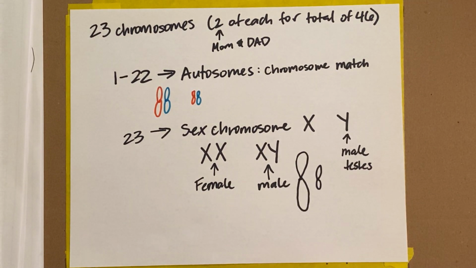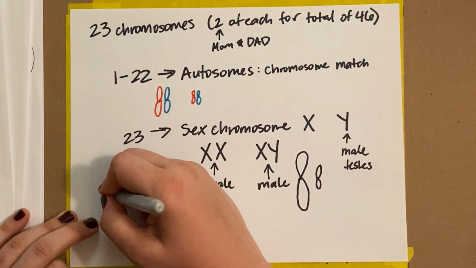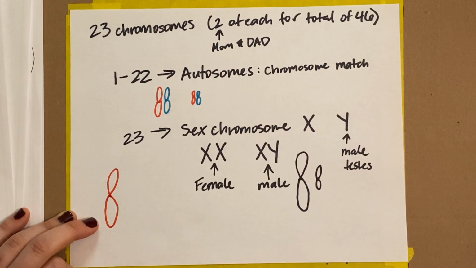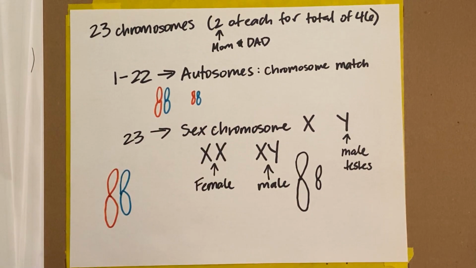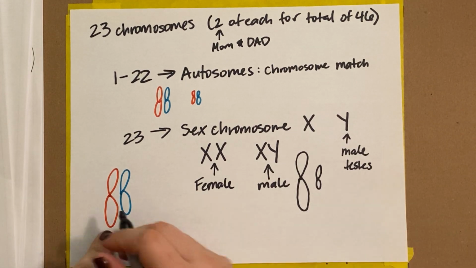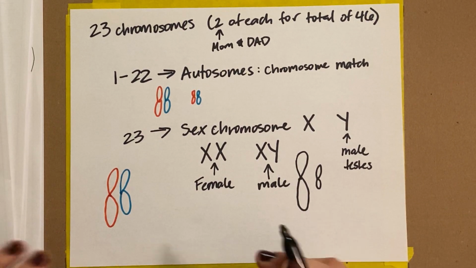We've mentioned this before, but I really want to make sure this is very clear. When you have the copies, one from mom, one from dad, they're the same. I know I drew them a little bit different size, but they're the same.